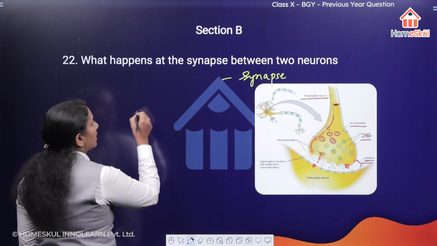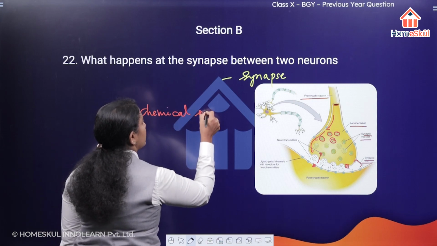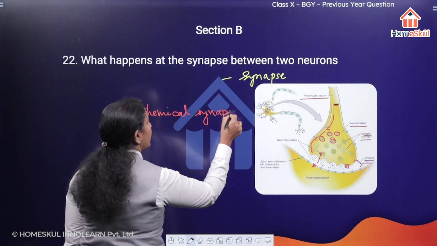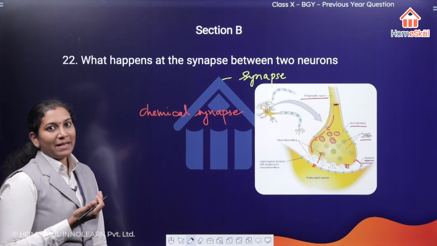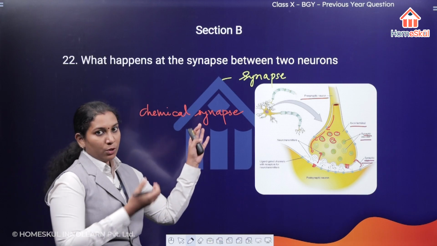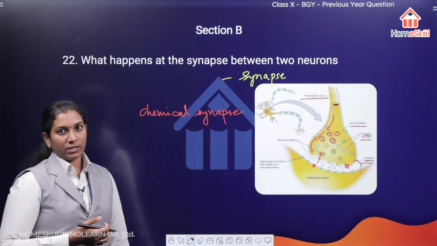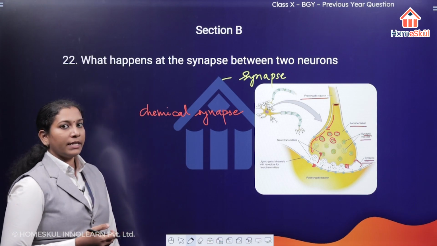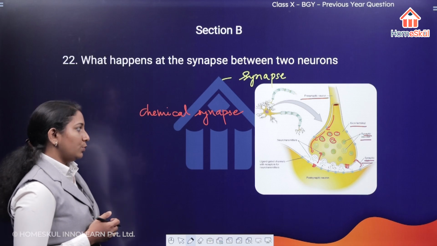Most of the synapses are usually chemical synapses. Chemical synapse means that through some chemical messengers, the impulses will get transmitted between two neurons. So this is what happens at the synapse between two neurons.